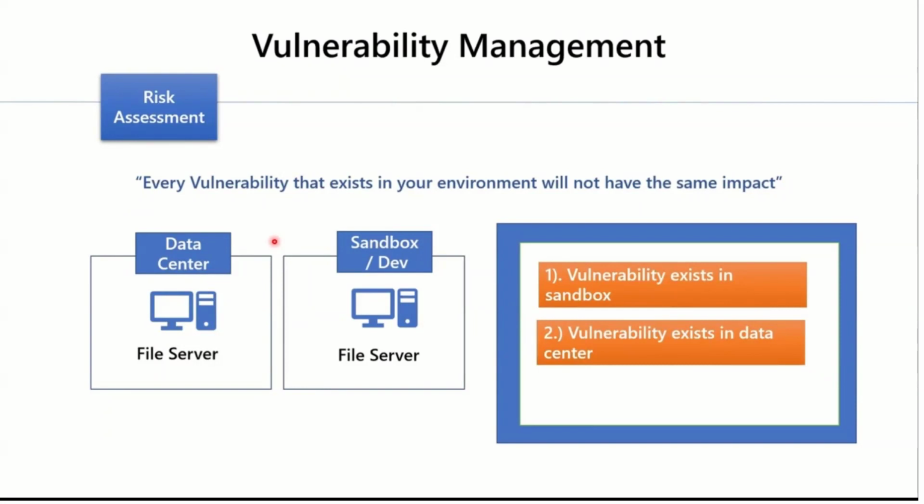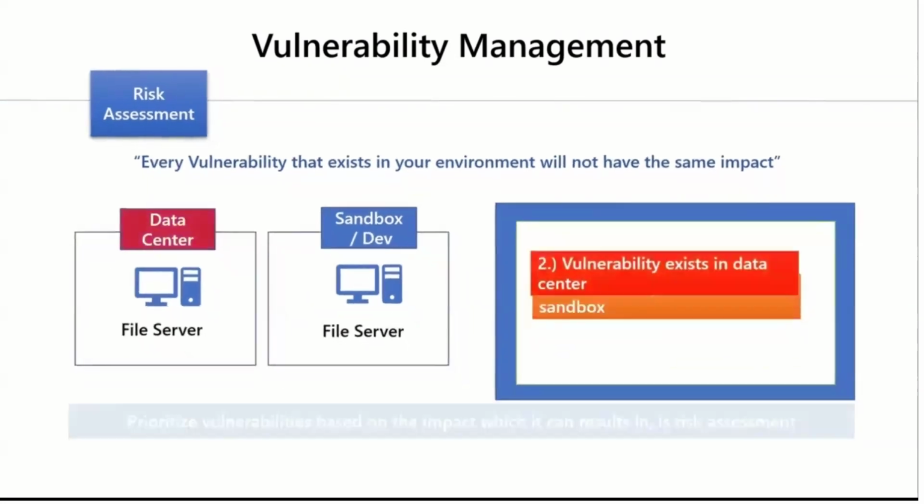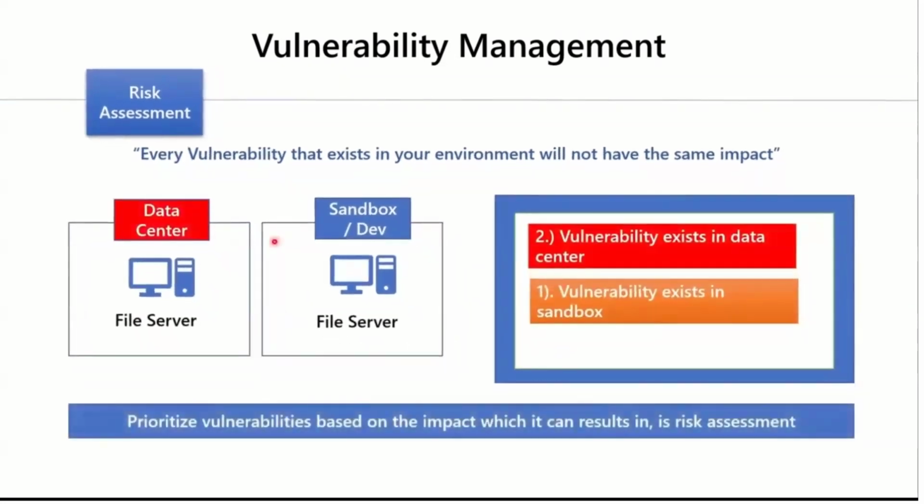Based on their risk, these vulnerabilities are prioritized. The data center vulnerability is more crucial because it's running in the production stage. So we prioritize the vulnerability based on the impact it can result in. This is known as risk assessment. This process can be manual.